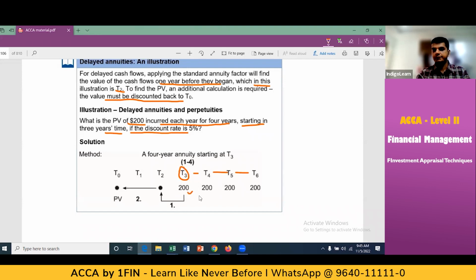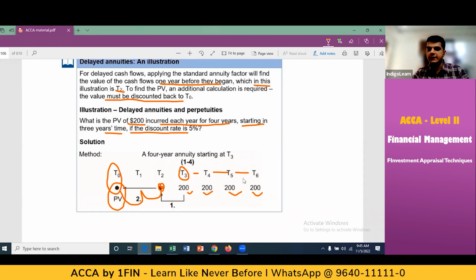You want the present value at T0. When you put the annuity factor here, immediately you get the value at 3rd year beginning or 2nd year end. Now if you want the value at T0, then you can put a 2 years discounting factor and get the present value at T0.